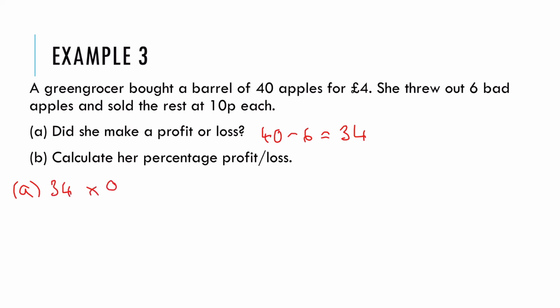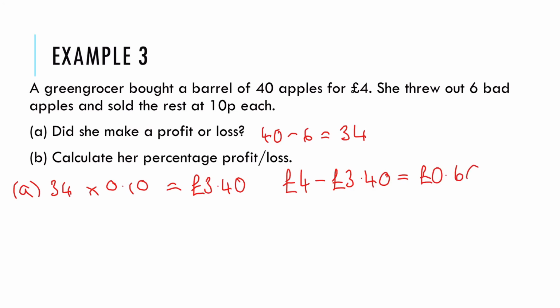So I'm going to figure out how much she made altogether by multiplying 34 by 10p, which means she made £3.40 altogether by selling the 34 apples. Now remember, she paid £4 for those. So if we subtract the £3.40 away from the £4, we can see that she sold them for 60p less than what she bought them for. So there was a 60p loss there.